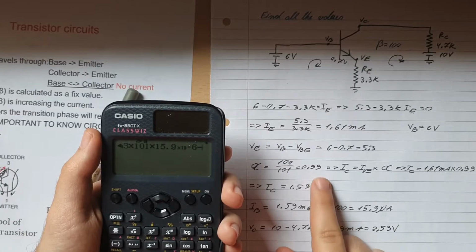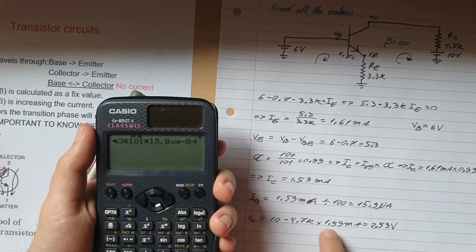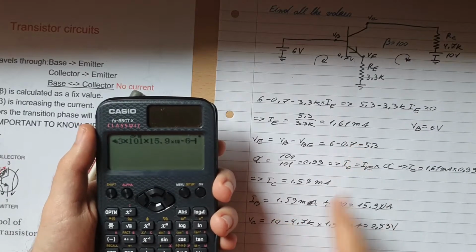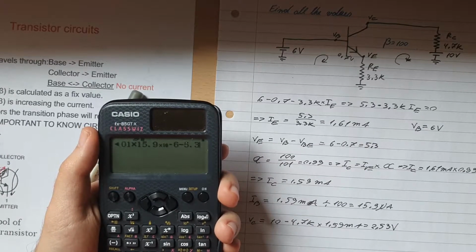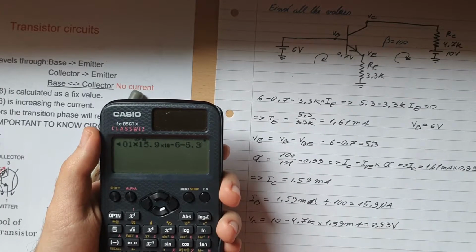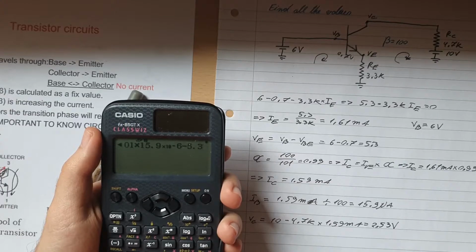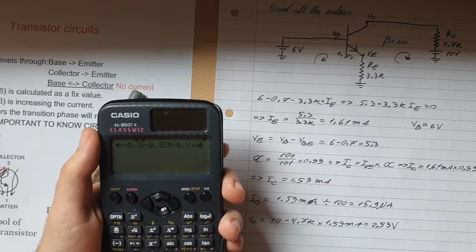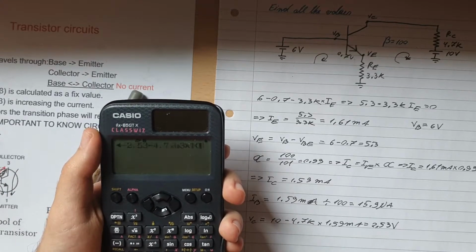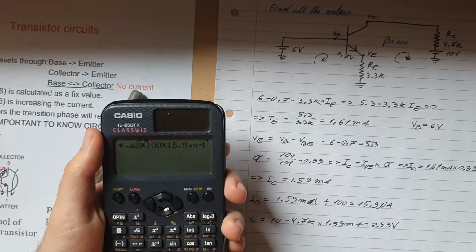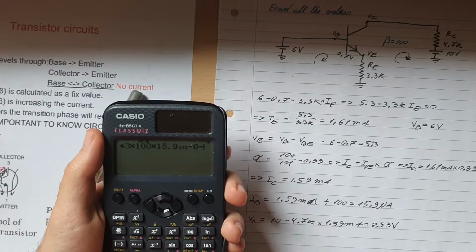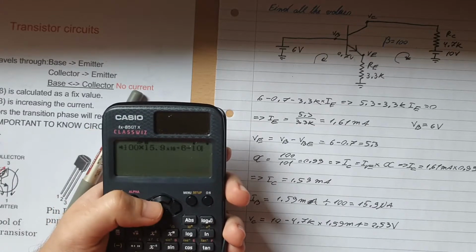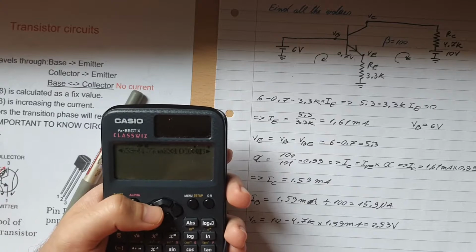That would be 5.3, and then minus, let's try with the, yeah, let's do minus 2.53 minus 4.7 times 3 multiplied by 100 times 15.9 times 10 to the minus 6 minus 10. That's minus 30 now. My god.